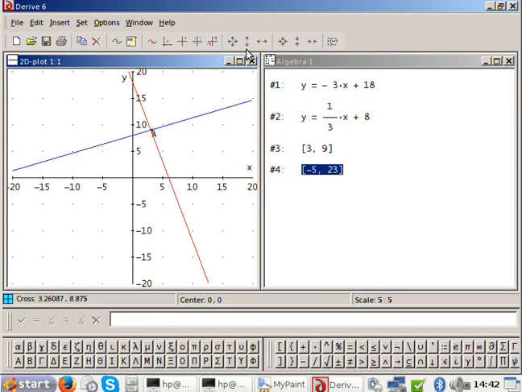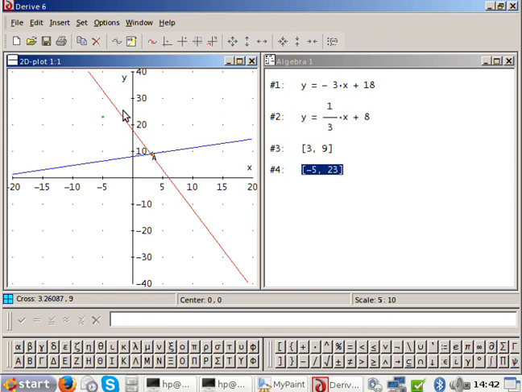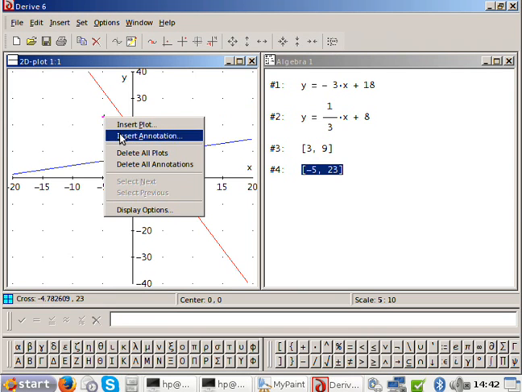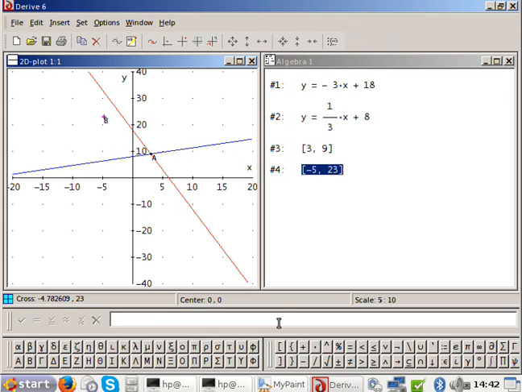I have to zoom out a bit because there it is there. This is B. Okay, and the last one, C? 5, minus 7. There it is there.